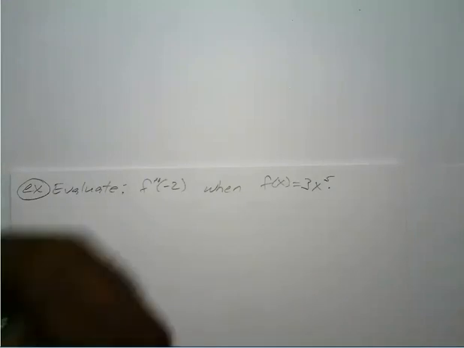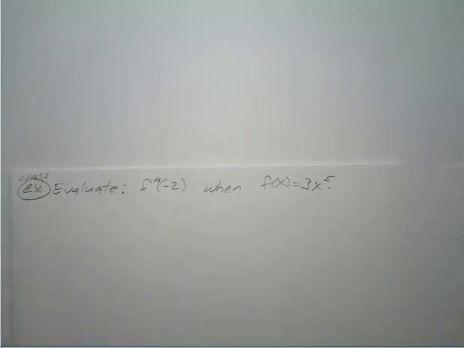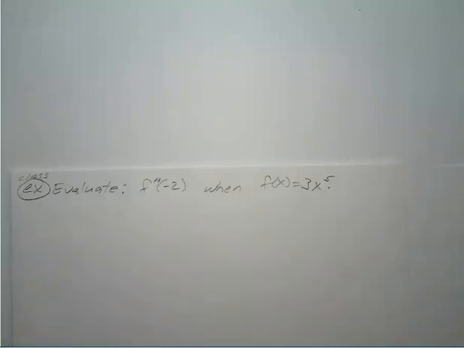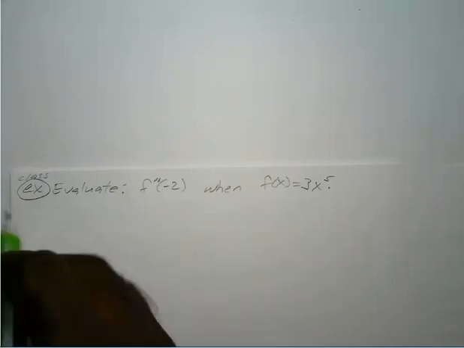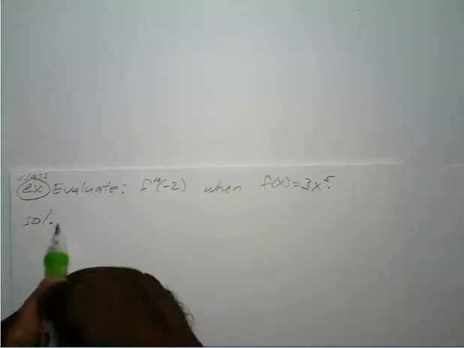Alright, so what I want you to do is press pause, and I want you to go ahead and solve this one on your own. Find the second derivative at that point. Alright, so I'm assuming you've pressed pause and you're all done. So we're going to go ahead and verify your answer.